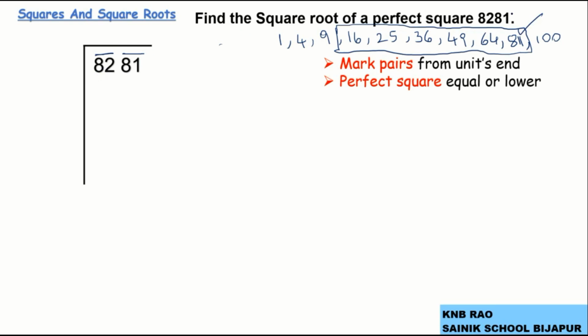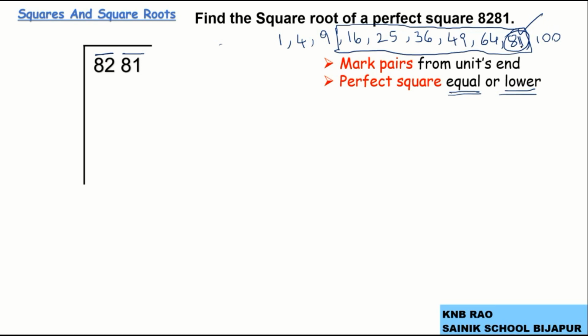So we need to choose 81 rather than 64. Either equal, first preference. If it is not equal, out of these, if none is equal to this leftmost pair, then choose the lower one, but being closest. So the criteria is being less or equal and closest. That is what we have to remember.